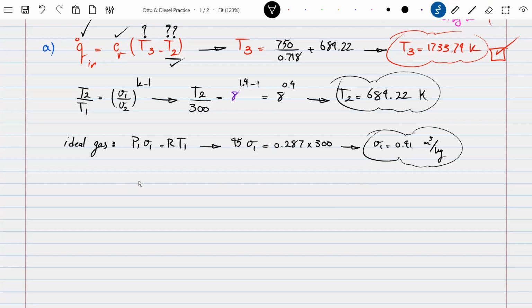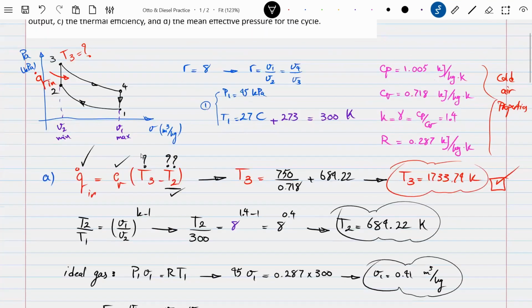Now that I know this, remember that the compression ratio is V1 over V2. Also, please remember that V2 is equal to V3 because 2 to 3 is a constant volume process. I'm going to scroll up so that you can see that V2 and V3 are the same.